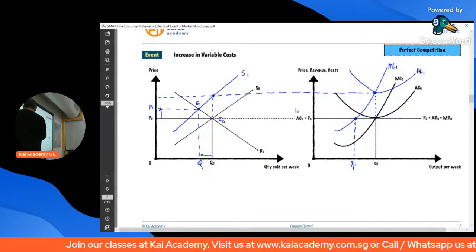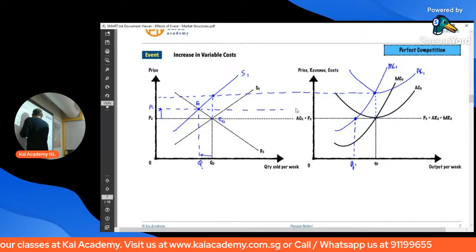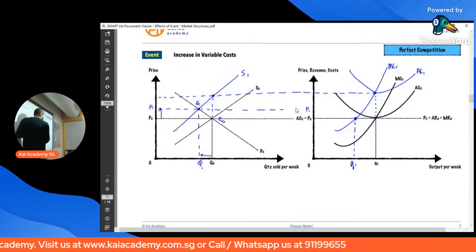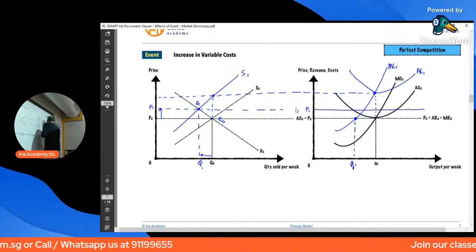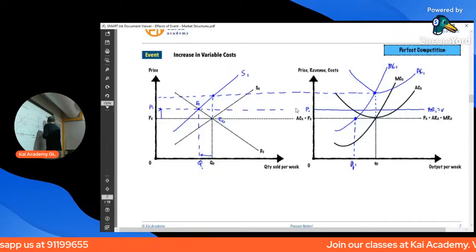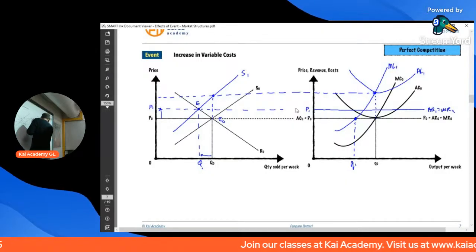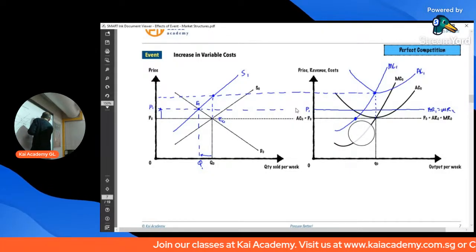But wait, if this is the case, then wouldn't my P change? If my P changes, then my AR1, MR1 also change, right? Then wait, this quantity is wrong, right?